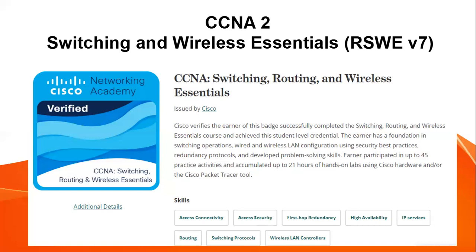So we say a router is that device that's going to help us connect one network to the other or help us route traffic from one part of a network to the other. So when you say first hop, I'm talking about all of the systems within the very first network. Then we look at high availability.